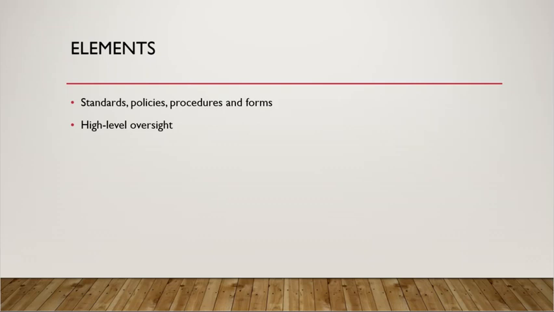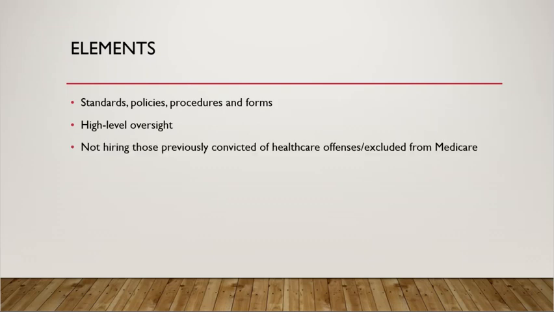We need to have high-level oversight in our company, and we don't want to be seen hiring people previously convicted of health care offenses or excluded from Medicare or the Medicaid programs. And I'm an absolute freak about the education and training of our personnel on our corporate compliance plan, because if our people don't know how to comply, you're not going to get compliance.